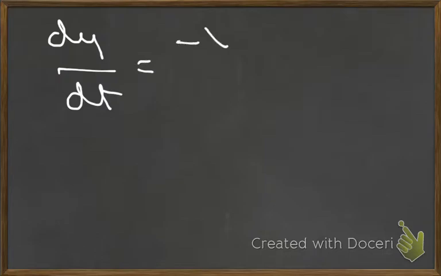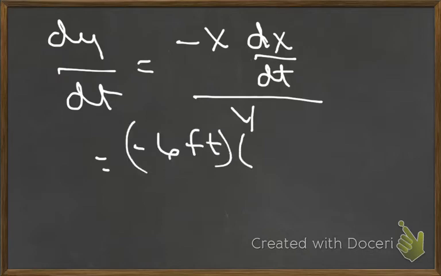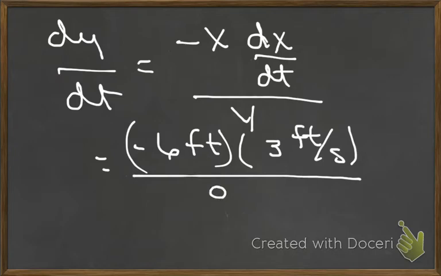So I'm ready to solve now, because I know dy/dt is equal to minus x dx/dt, all divided by y. I know what everything is on the right, so that's equal to minus 6 feet, times 3 feet per second, divided by 8 feet.